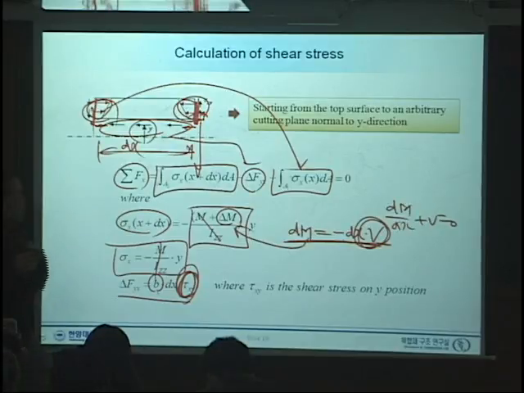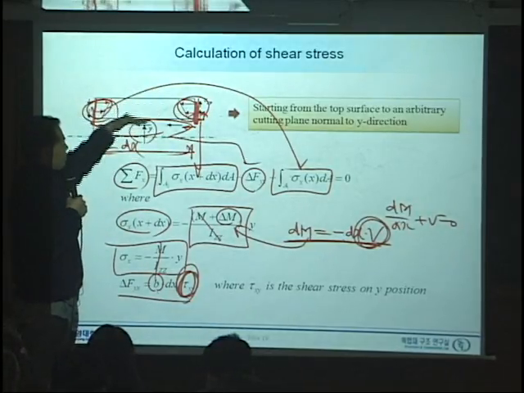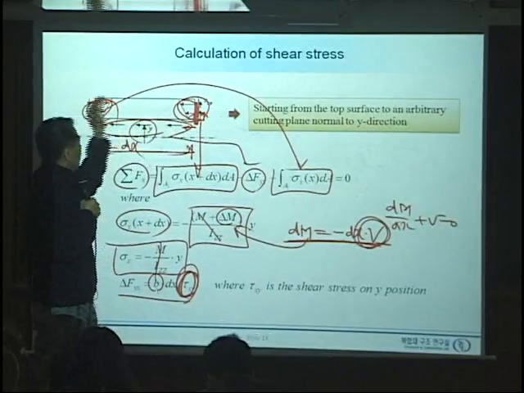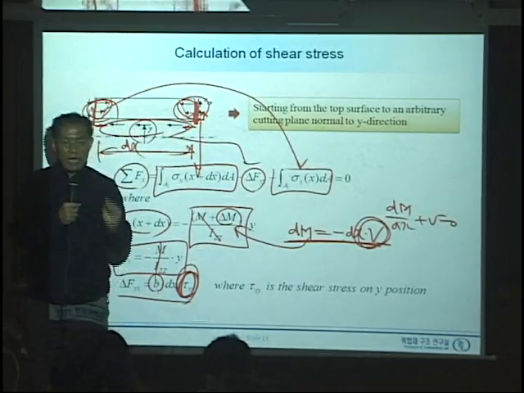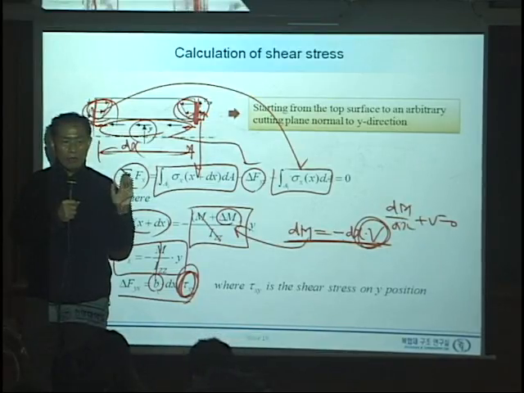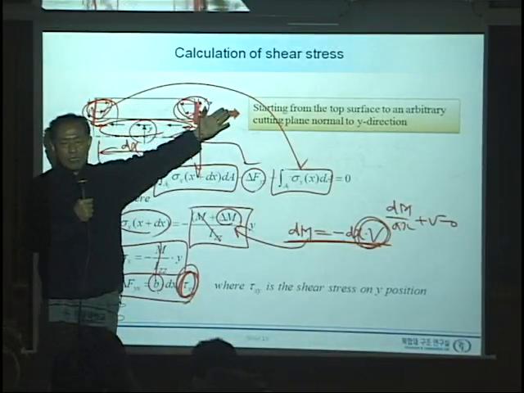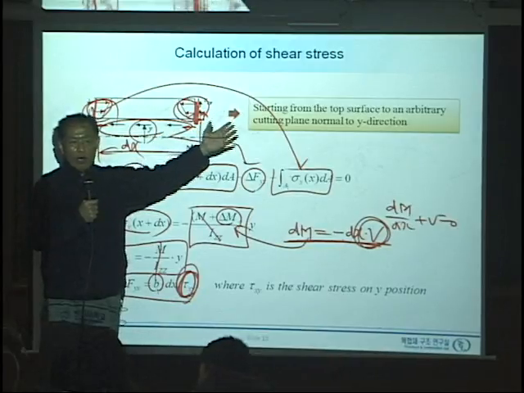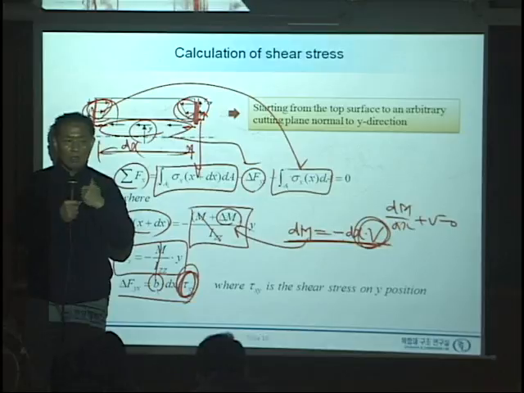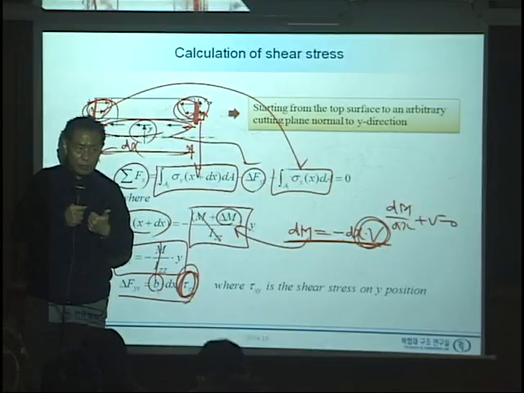We simply cut from the top to a certain point y, and consider this part. This force and that force, the x-directional forces, are not in equilibrium, right? Because sigma x has changed because of the moment increment, which was caused by shear force.